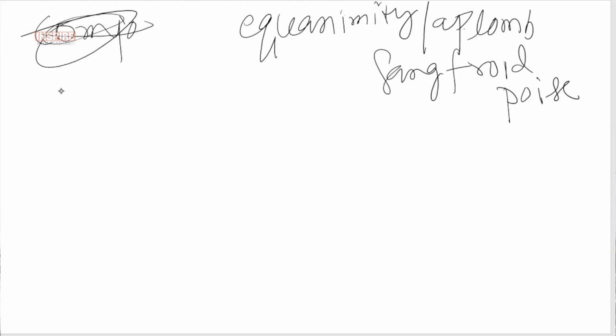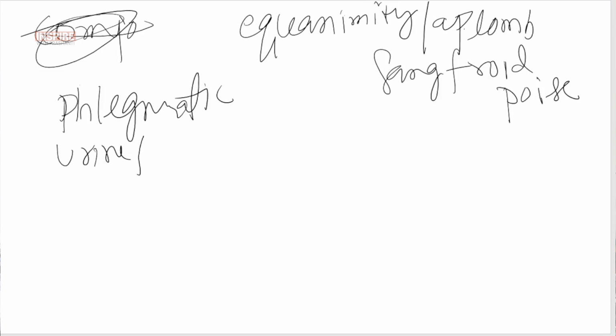You also want to use the word in different parts of speech. The people can be termed as phlegmatic. They are unruffled, very important. So phlegmatic, unruffled, unflappable.